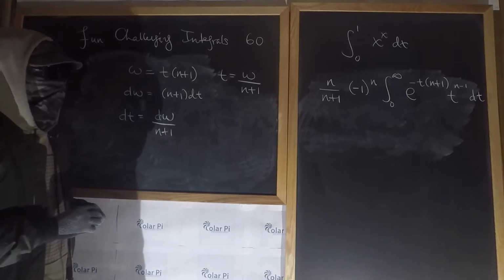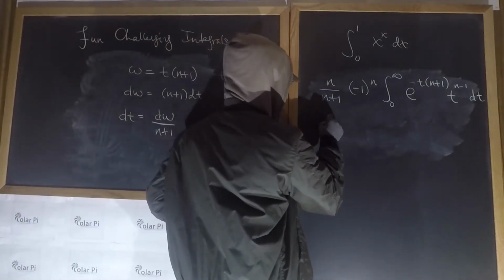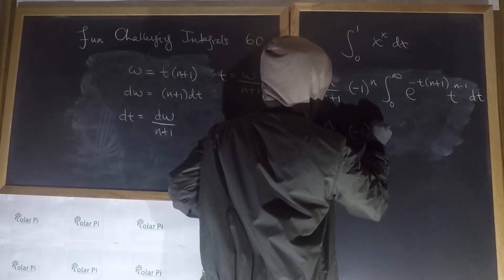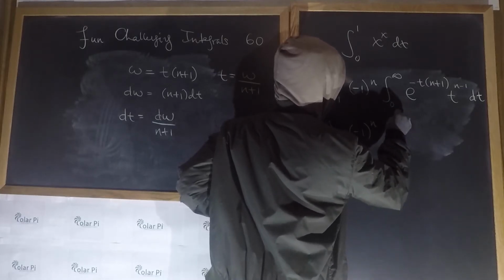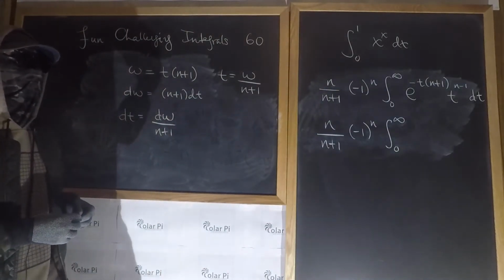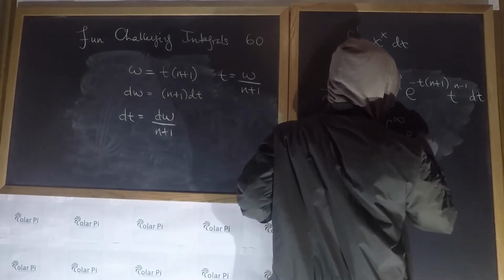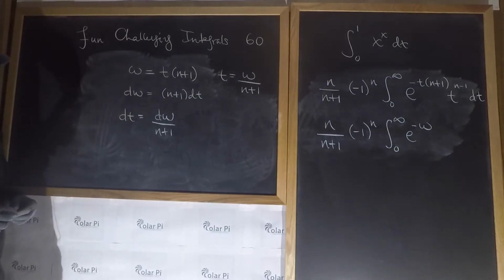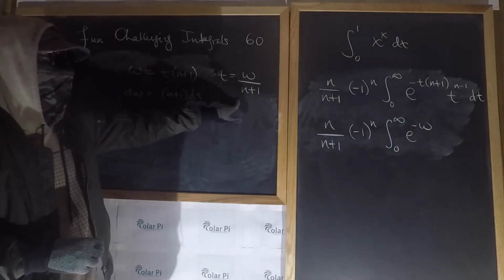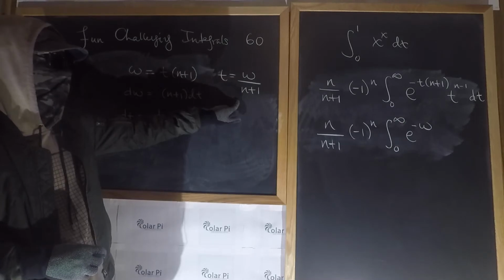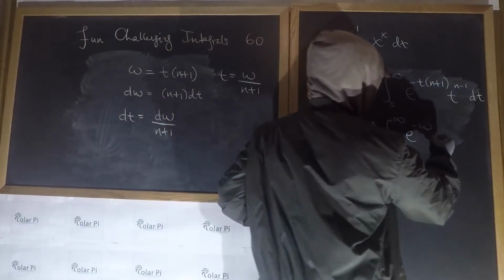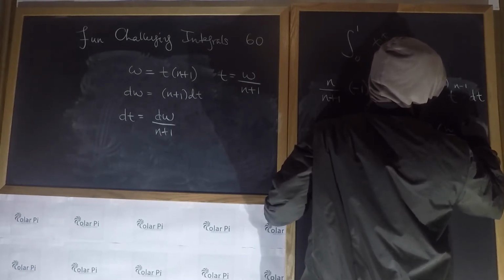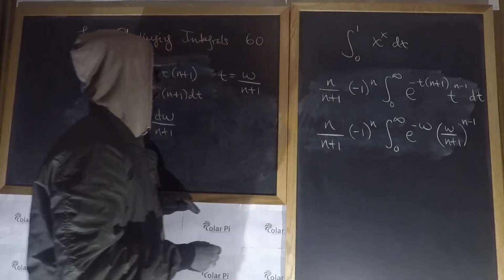Okay, cool. So we go n over n plus 1, negative 1 to the n, integral from 0 to infinity, the limits of integration don't change, and then e to the minus w, right? But then t is w divided by n plus 1, so we have w divided by n plus 1 to the power n minus 1, right?